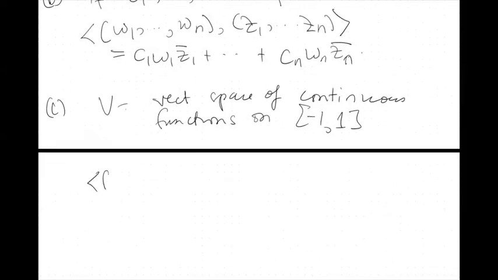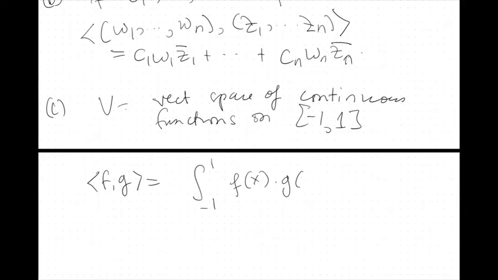You have F and G. Their inner product is given by the integral from -1 to 1 of F of X multiplied with G of X. Okay, so I think you can verify that these are all inner products, that they satisfy our above definitions.